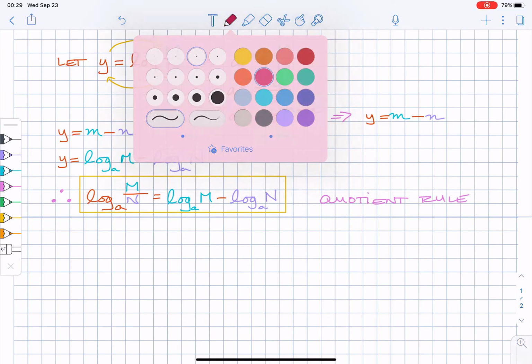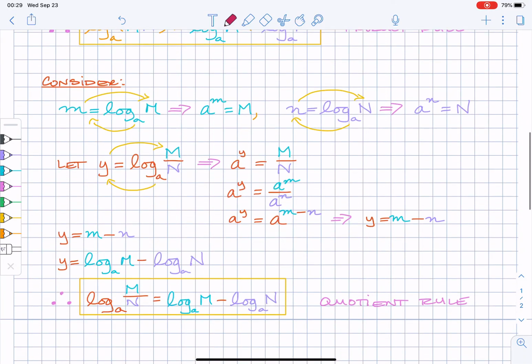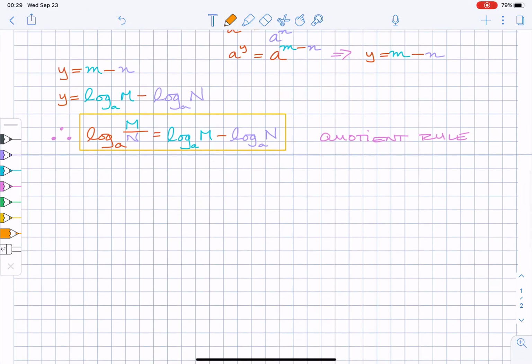I'll do this one back in regular orange. So let's consider. For this one, I'm only going to define one.